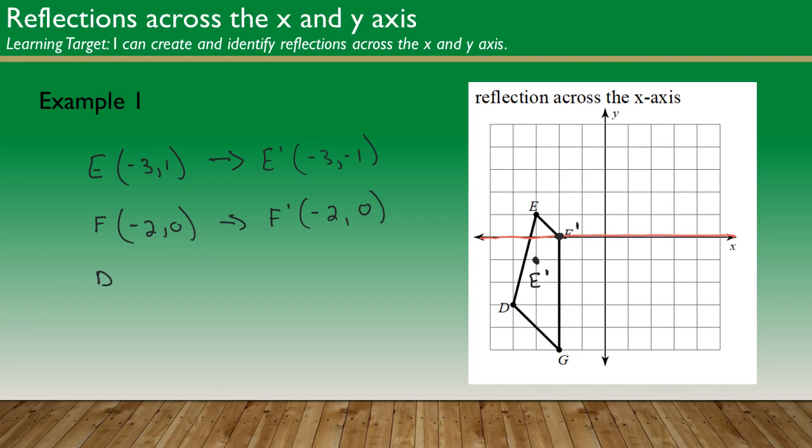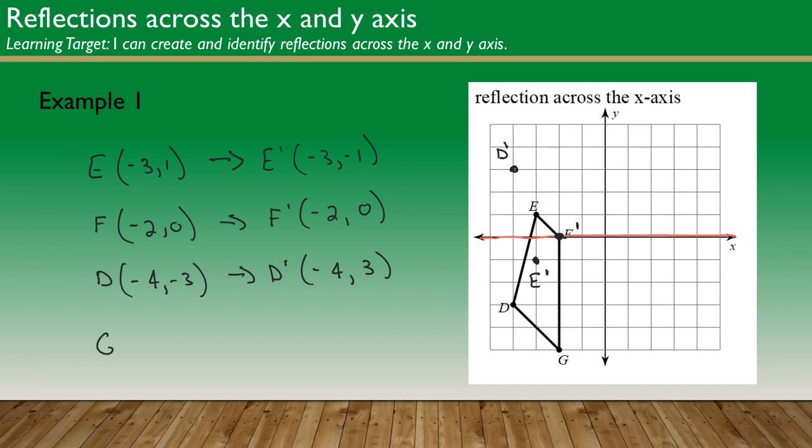If D is originally at negative 4, negative 3, then D prime is going to be negative 4, positive 3. So D prime is going to go up here.